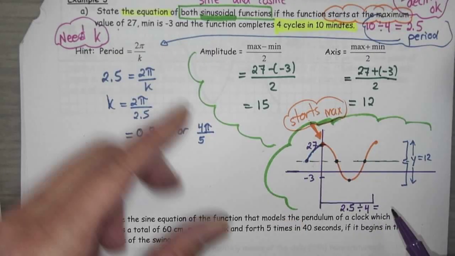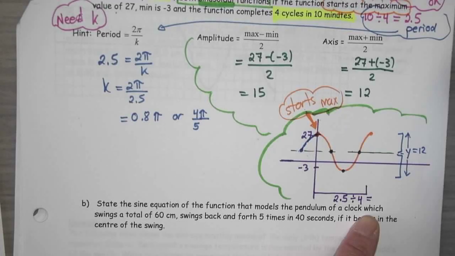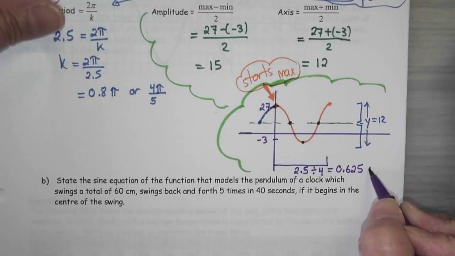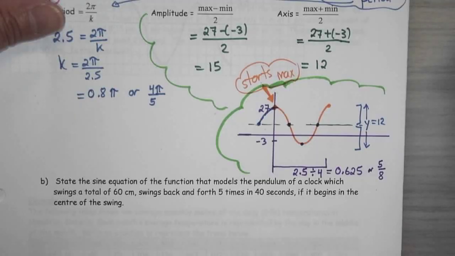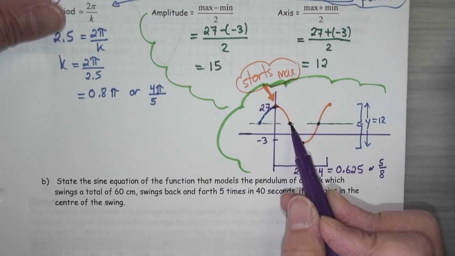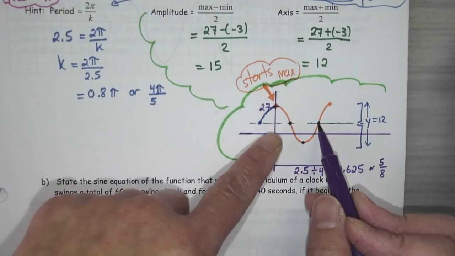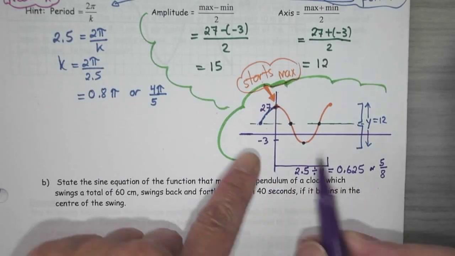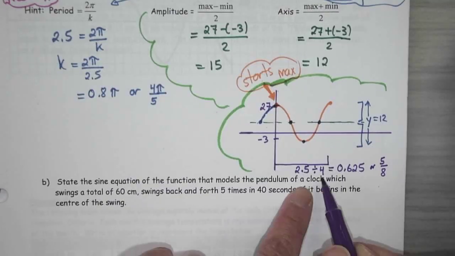You divide that and you get 0.625, which is 5/8. I don't think you have 8s memorized, but it's 0.625. So every one of these is 0.625. If you want to do the third one, you'd go 3 times 0.625. If you want to go here, it's minus 0.625. So each one of these dots is at 0.625.